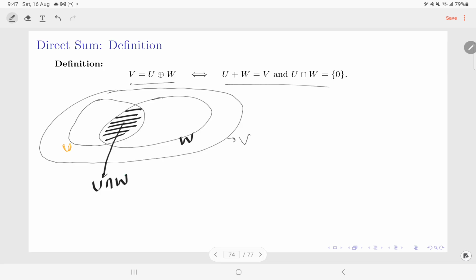So there are two concepts, sum and intersection of vector spaces. This is the intersection of two subspaces.